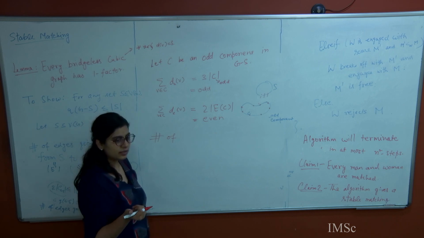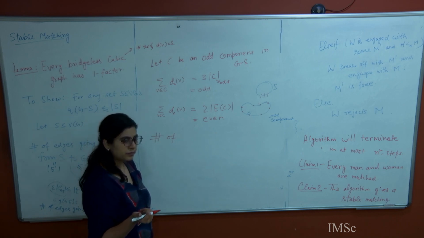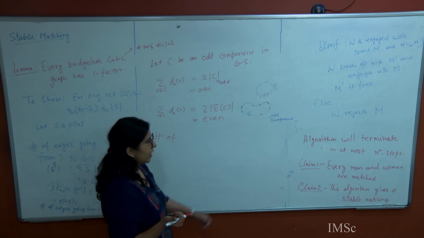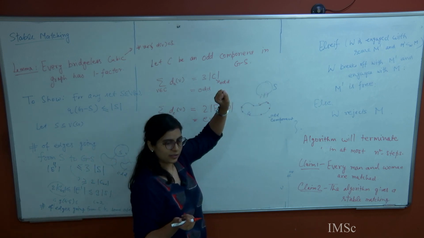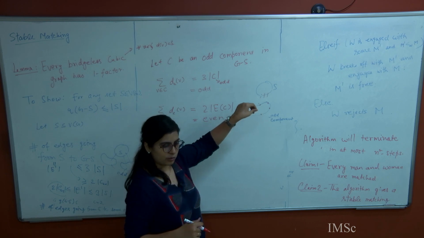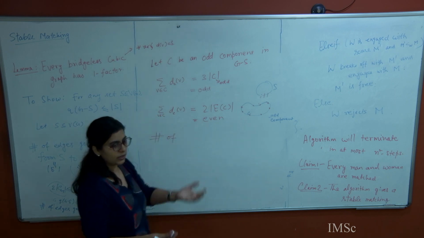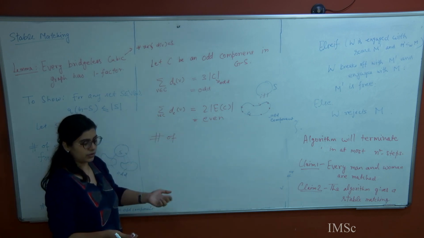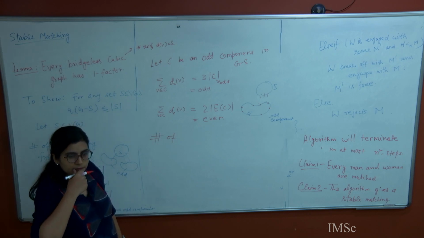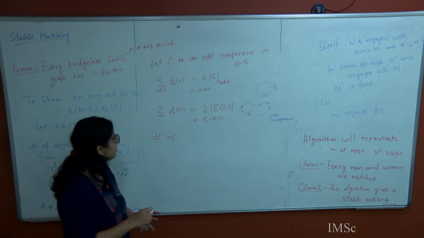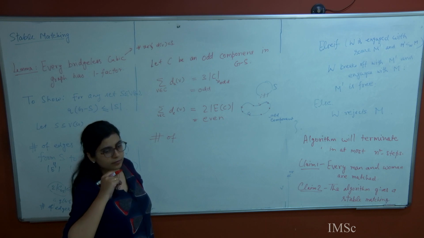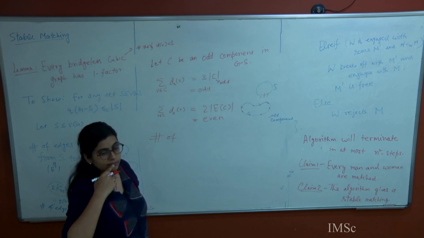No, but that would be edges from C to some other component which is not S, right? But I have C we got after removing S. So why would C have edges to other components? S has edges only to C, right. We removed S, then we got C. No, but I mean, the 3 times C count had edges which were part of other connected components as well, right?